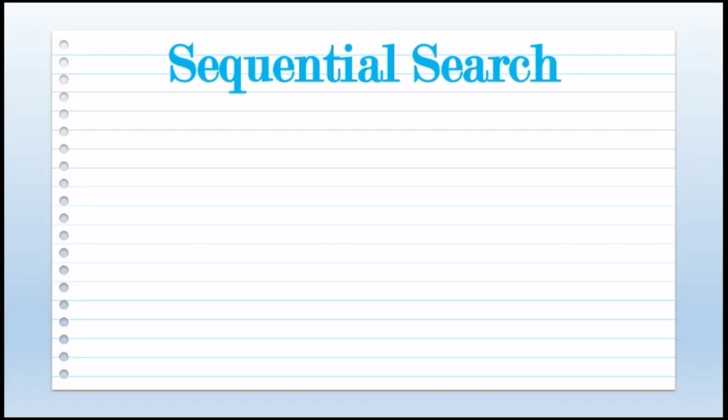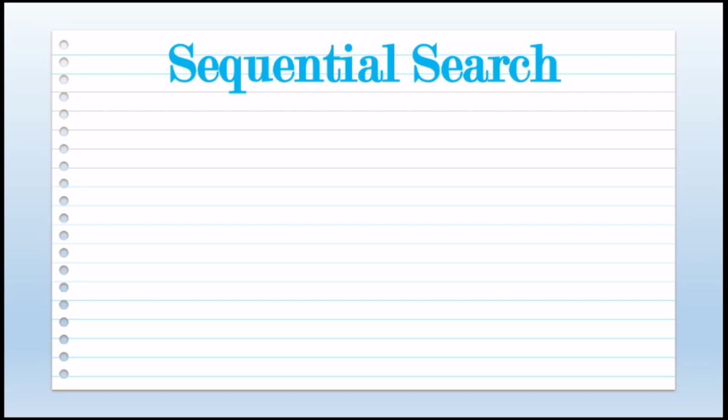There are two possibilities. If the searching element is present in the list, then our search is successful. And if our searching element is not present in the list, then our search is unsuccessful.